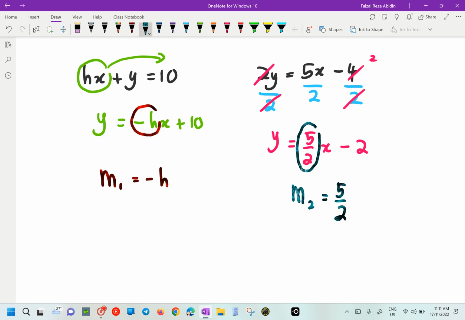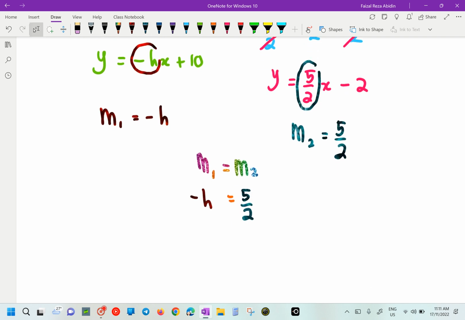So we know that both lines are going to be parallel. So by using M1 equals to M2, just substitute back: M1 is negative H and our M2 is 5/2. So you got your answer already, right?